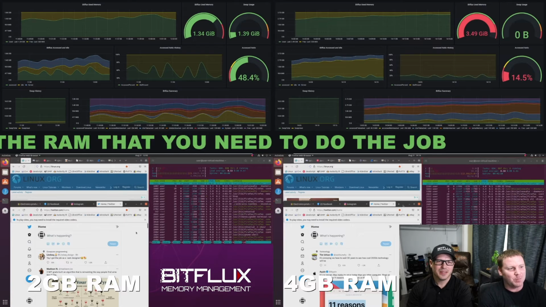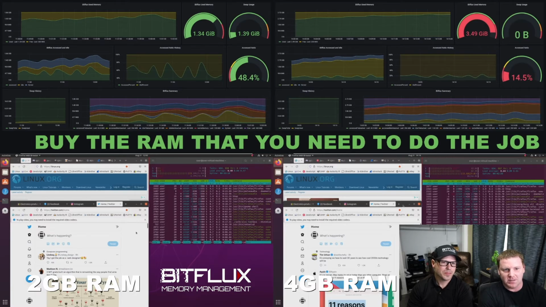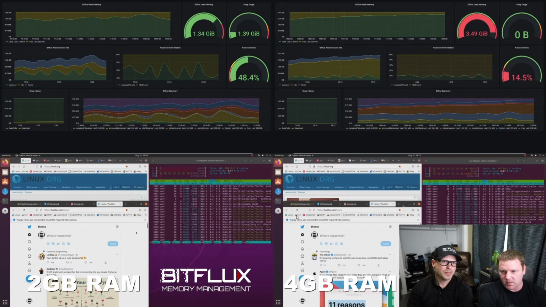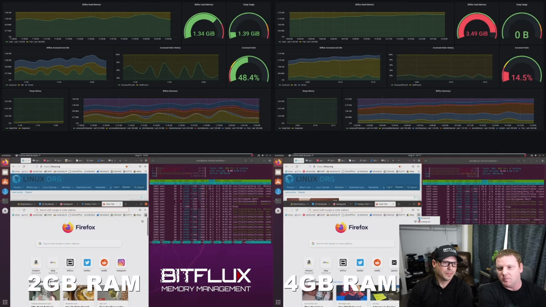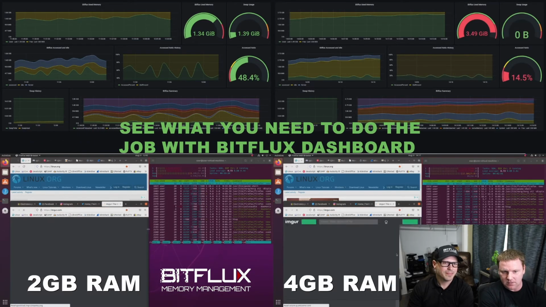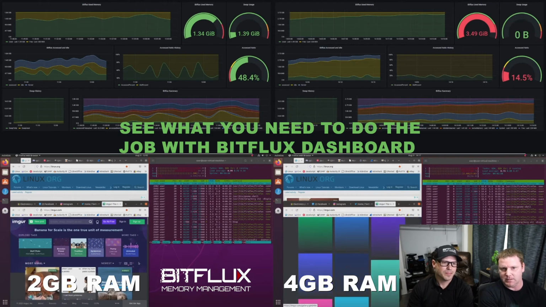But buy the RAM that you need to do the job is what we should really be saying, because applications consume memory. The one on the left is still using memory, and we still need memory to do our jobs. That's real. One of the biggest takeaways from Bitflux is I can now see what I need to do the job and understand the limits I'm facing.